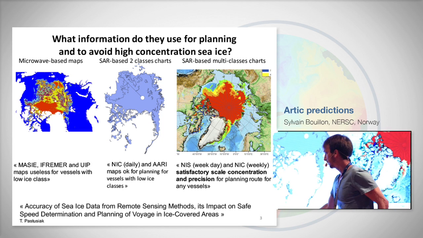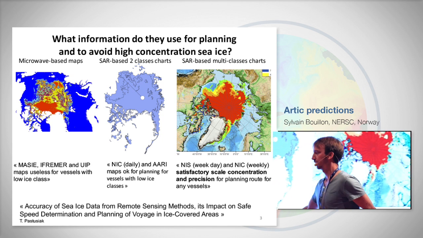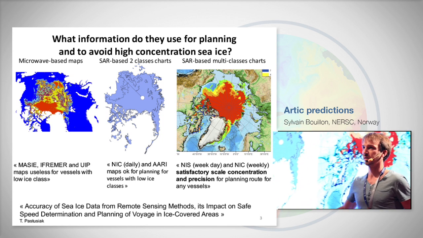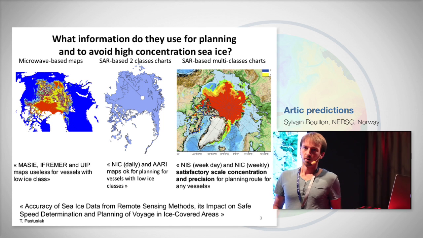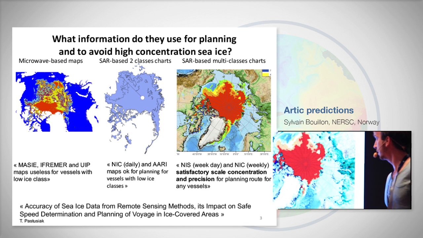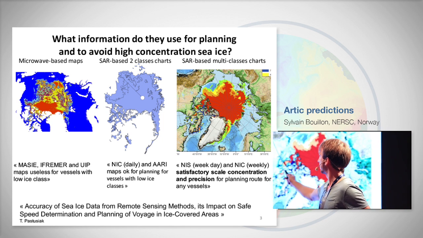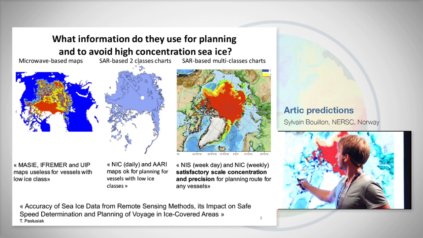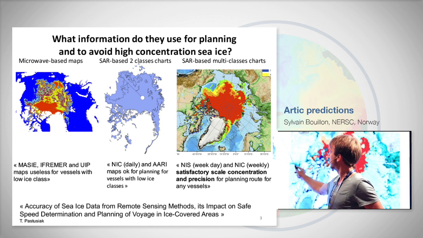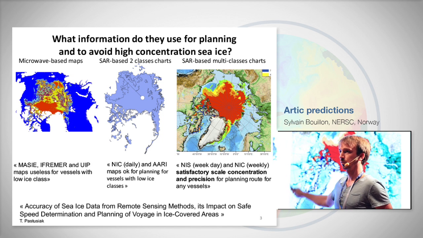So they said it's useless especially for vessels with low ice class, the ones that want to avoid any ice. What they actually use for planning is more ice charts, and there are two types. Either the one giving only 2 classes of ice concentration.